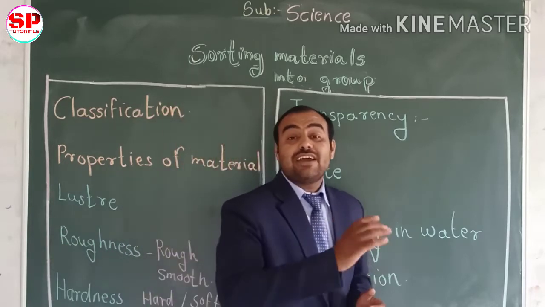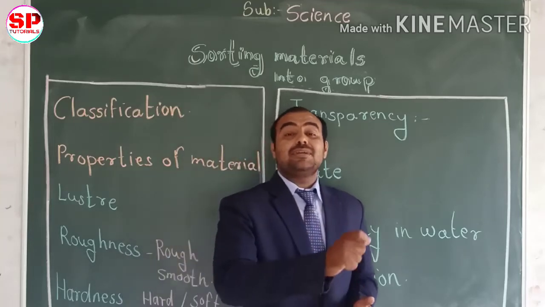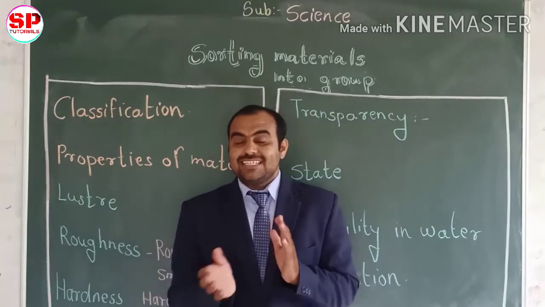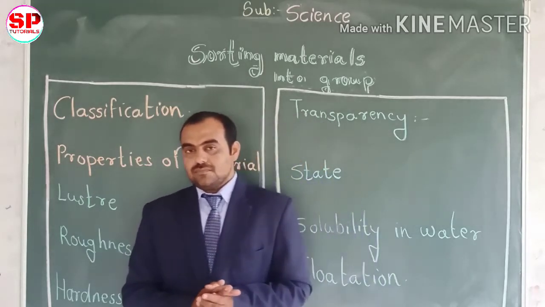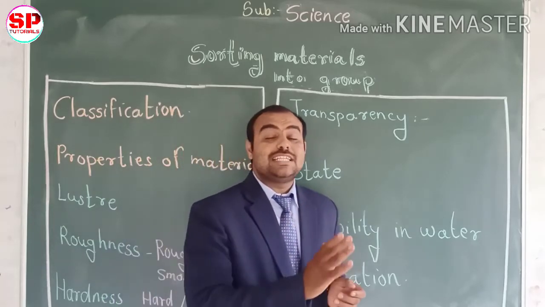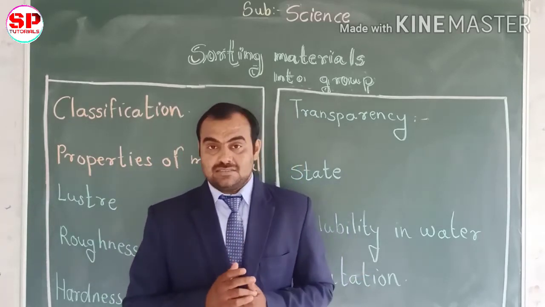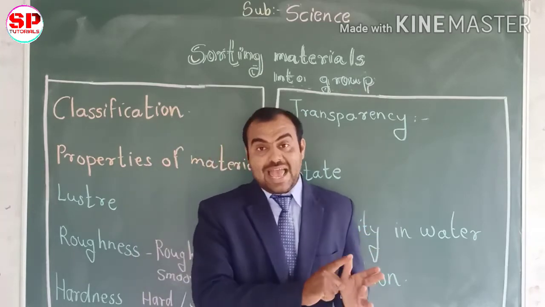Along with that, it does not have a fixed volume, and it can be easily compressed. Its particles are loosely arranged with each other as compared to solid and liquid.